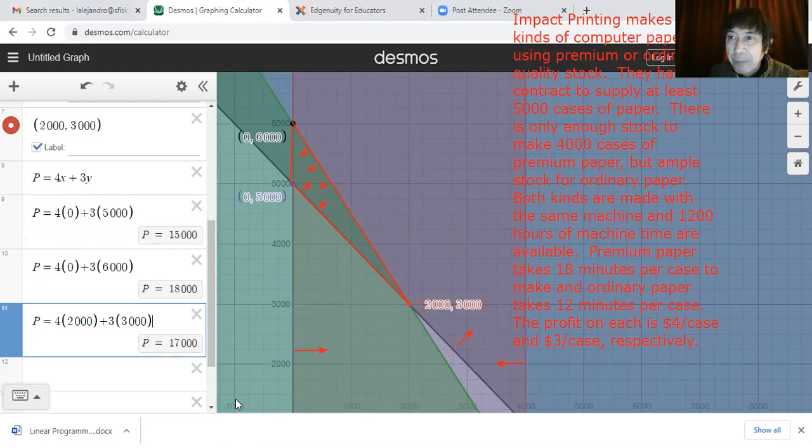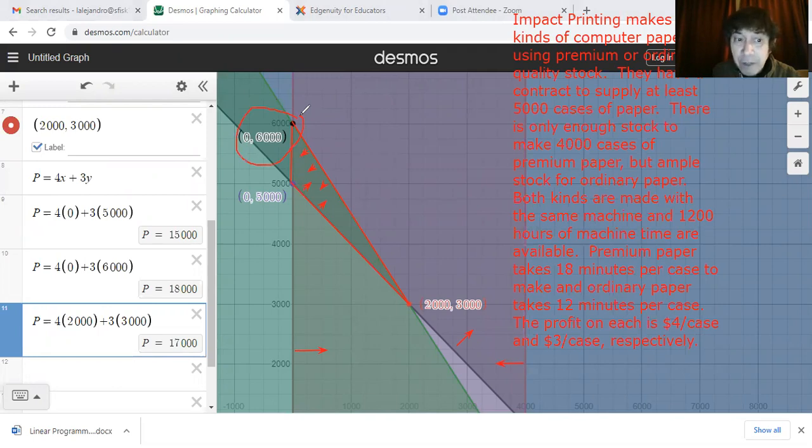Only ordinary type of paper will provide a maximum profit, at 6,000 cases. That's the maximum, which gives us an 18,000 maximum profit.